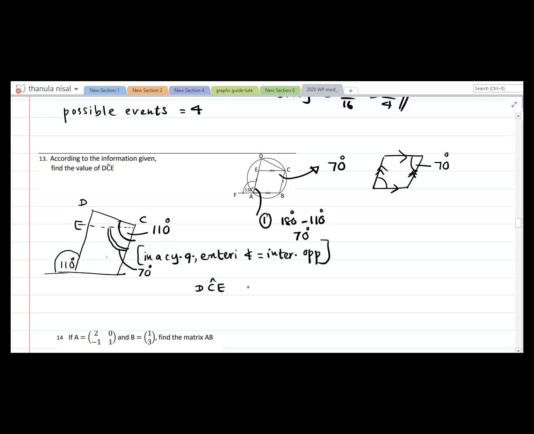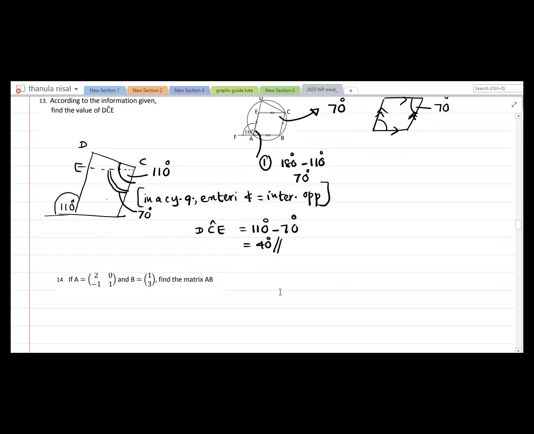DCE is the difference of these two angles, that is 110 minus 70. It is 40 degrees. Cool. Fantastic. Up to now, that's so much perfect.